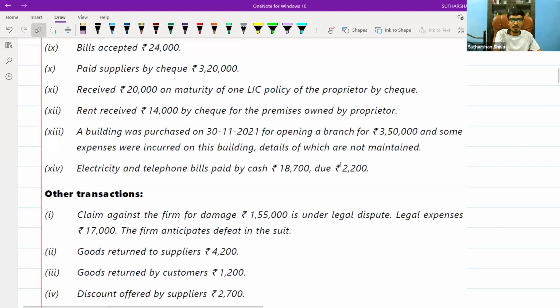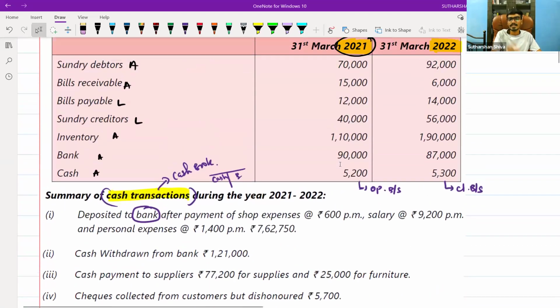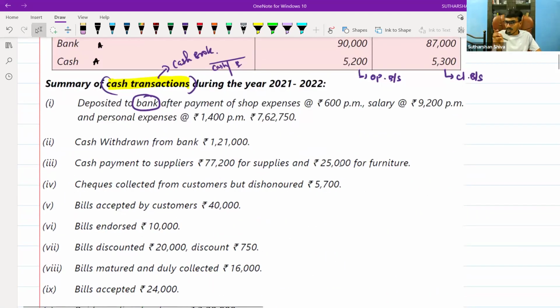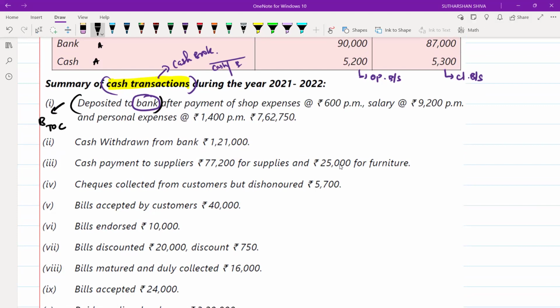Next, now we'll come to the cash transactions. Now read the adjustments line by line, mark it, post it. Deposited to bank. What is the journal entry for deposited to bank? Bank to cash account.